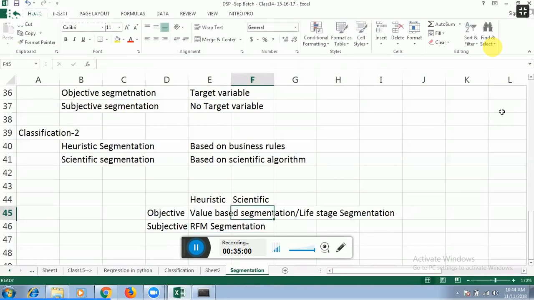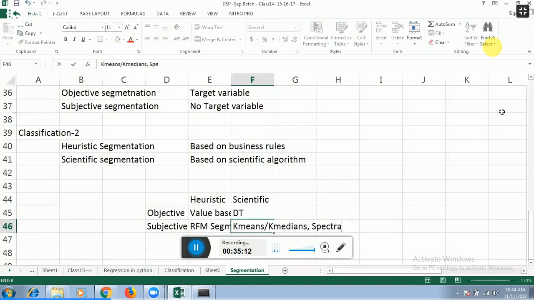Among the scientific ones, decision trees come under objective segmentation, and k-means cluster analysis, k-medians, spectral clustering, hierarchical clustering, or DBSCAN. These are all different scientific algorithms.